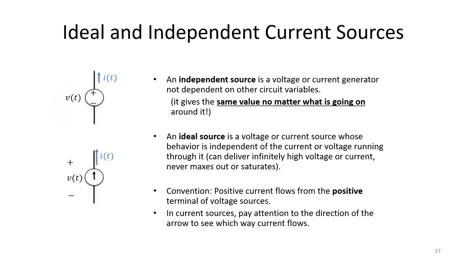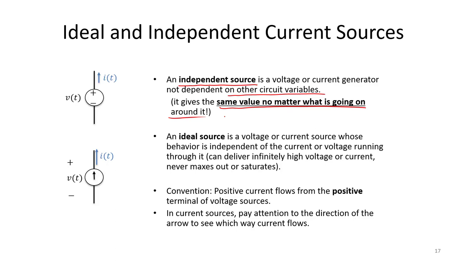So let's talk a bit about these sources. There's a few terms here that do come up. First is this idea of an independent source. An independent source is not dependent on any other circuit variables. It will give the same value no matter what is going on around it.